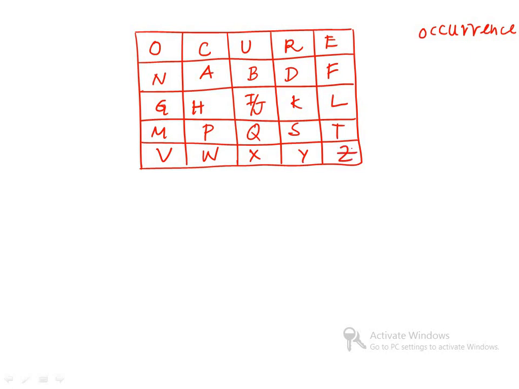So this is my key set, and the plain text that we have is Merry Christmas. If I divide it into pairs of two letters each, can you dictate what it will be? ME, RX, RY, CH, RI, ST, MA, S. Good.